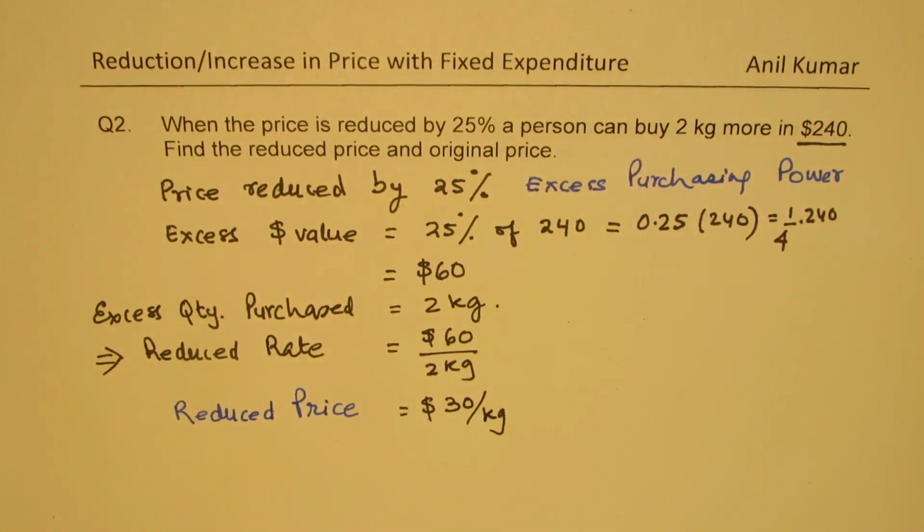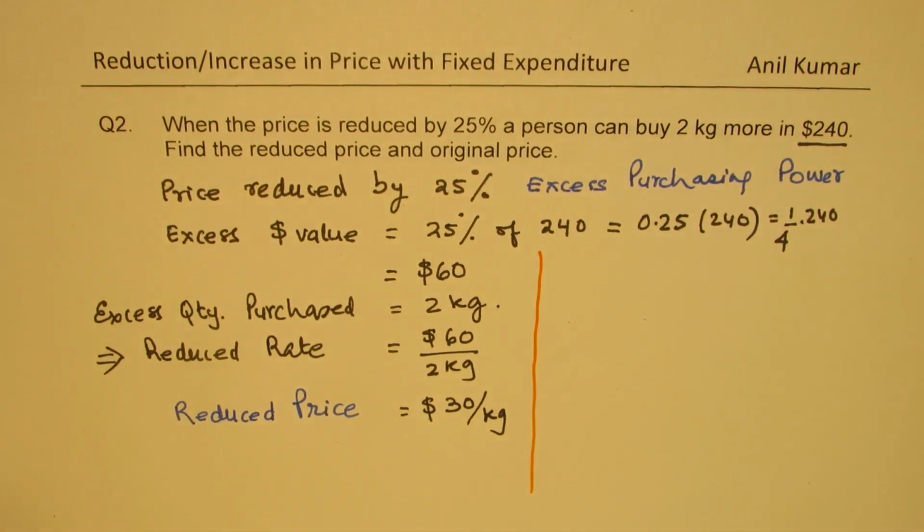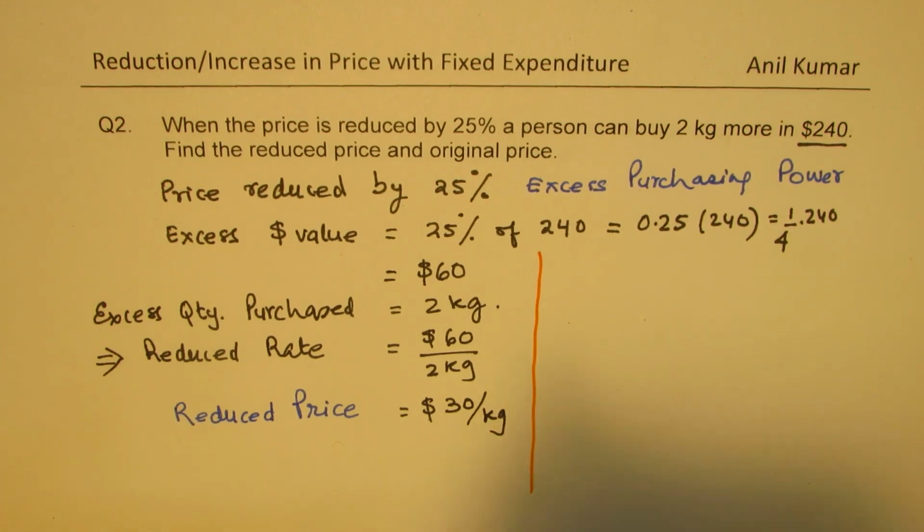You see how easy it is, right? Now you can of course find the original price. We know the original price has to be more because the reduced one is less. So 25% less means 75%, right?